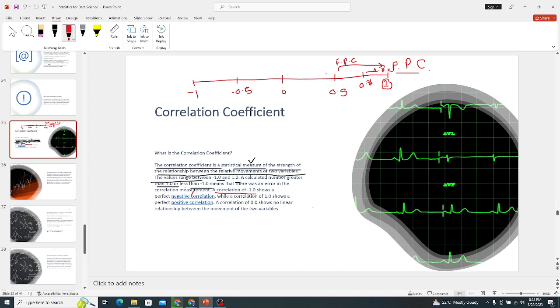Anything between 0 and 0.5, we can say we have a very poor positive correlation. Yes, we have correlation, but we don't have that strength when it comes to the relationship between these two variables.